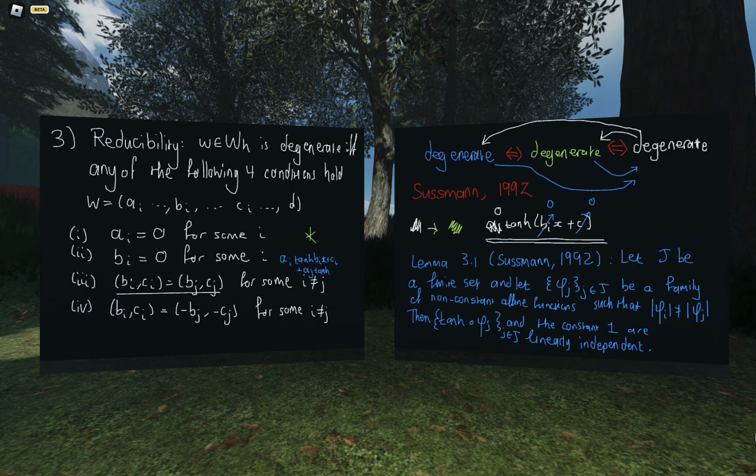And I was going to write BJ here, but because BJ is equal to BI, I'm going to instead write BI X plus CI here. You can see now that these two bits are equal. So what really matters is the sum of AI and AJ, which means you can add epsilon to AI and take it away from AJ, and you won't change the function. Does that make sense?